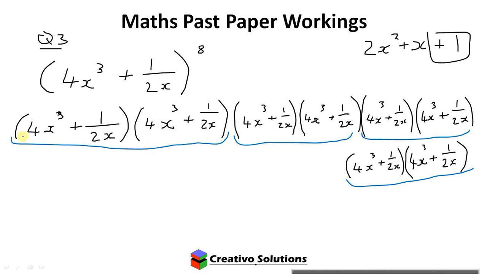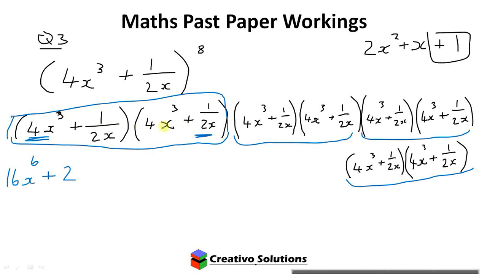Right, so let's first work out what one of these is as an answer. Okay, so 4x to the 3 times 4x to the 3 is 16x to the 6. Then I multiply this, 4x to the 3 times 1 over 2x. If I'm multiplying this by that, I can cancel the 4 with the 2, so I'm left with 2.